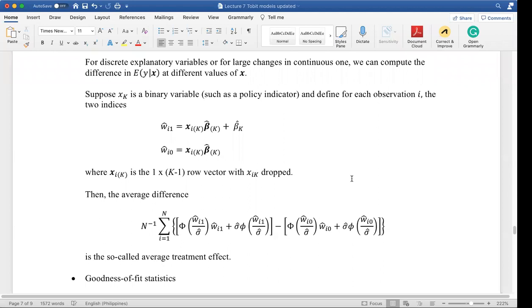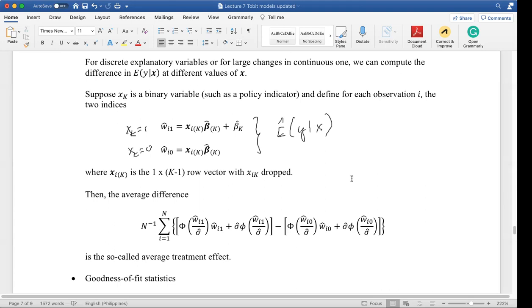Okay, so these are just your predicted value of y given x. Okay, so this is for when x sub k is equal to 1. This is for x sub k is equal to 0.